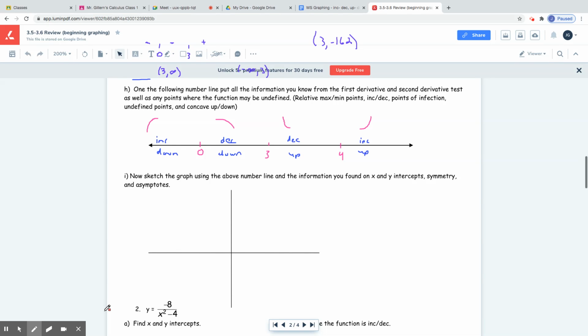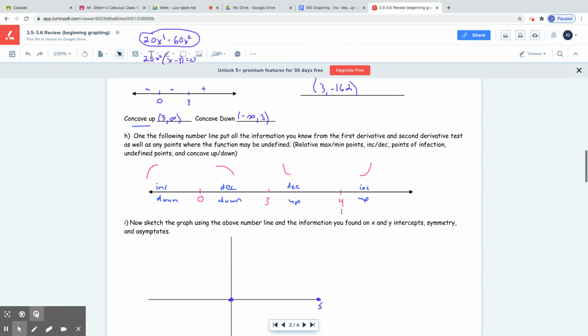First off, if there's any asymptotes, we don't have any asymptotes, so we don't have to worry about that. Our x-intercepts were (0, 0) and (5, 0). Our y-intercept was (0, 0).